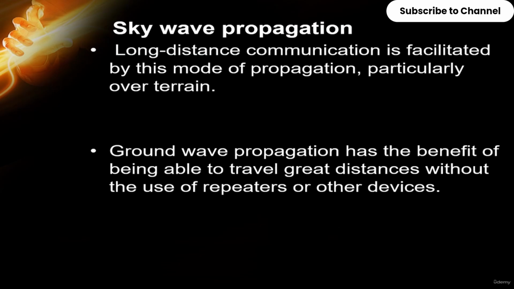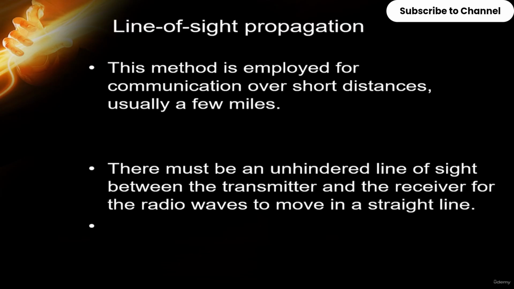Ground waves benefit from greater distances with the help of repeaters or other devices, and the radio wave conditions are diminished or increased with the help of the repeaters. So next we will see line of sight propagation.